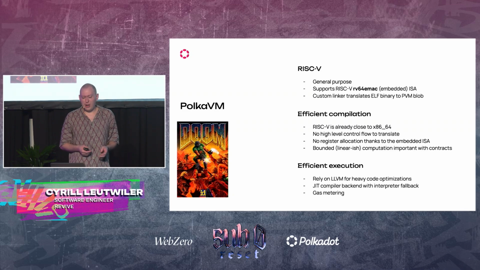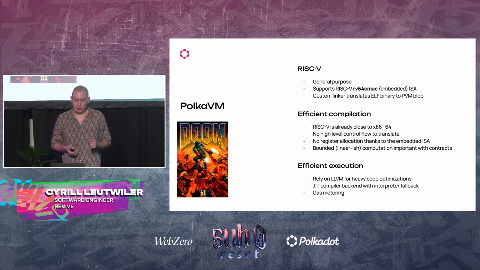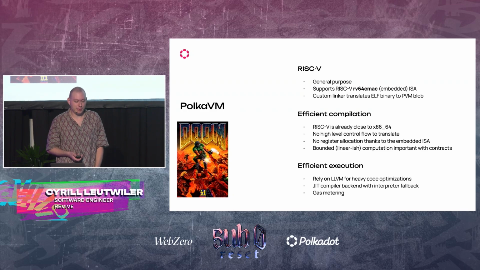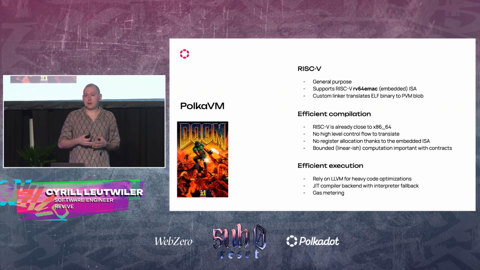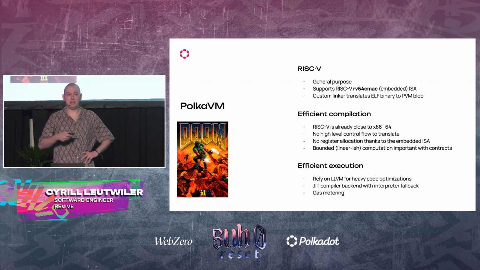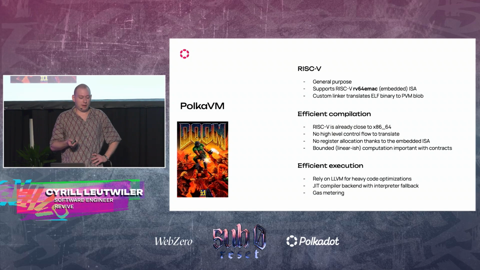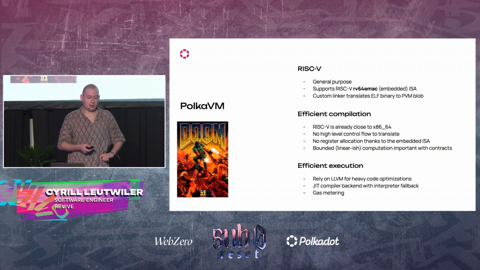They are also not really possible to do well in linear time. And because RISC-V is so close to actual CPUs, the PolkaVM recompiler does not need to do a lot of work. This means the blob is already optimized, it takes little time to compile it, and so we can have very efficient execution and compilation times.